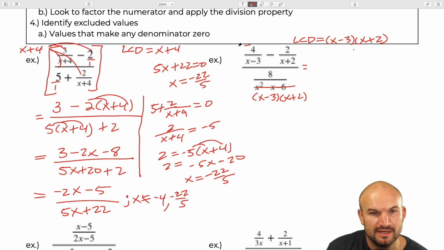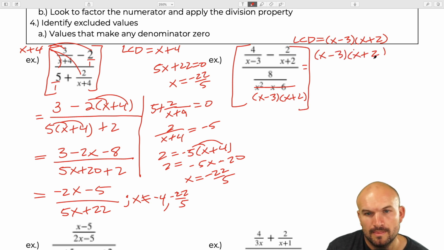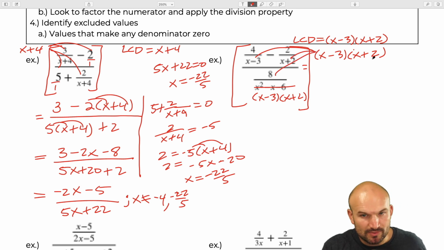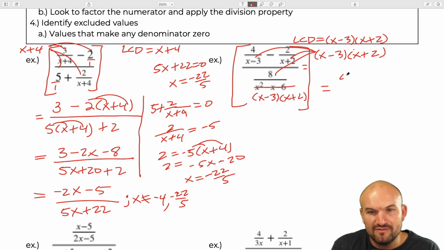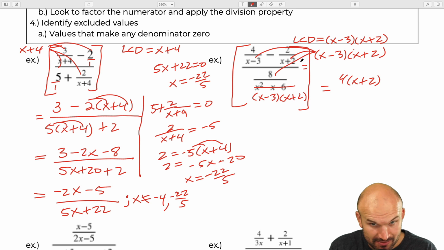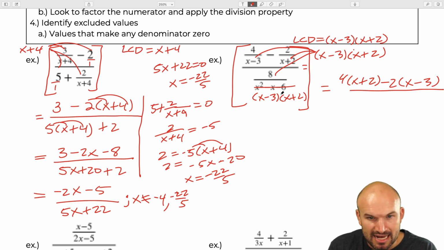So what I'm going to do now is multiply everything times x minus 3 times x plus 2. Okay, so when I multiply this expression times there, the x minus 3 divides out, and that's just going to leave me with a 4 times x plus 2. When I multiply this expression times x plus 2, the x plus 2's divide out, leaving me with a negative 2 times x minus 3. And then here, this evenly divides into itself, leaving me with the number 8.